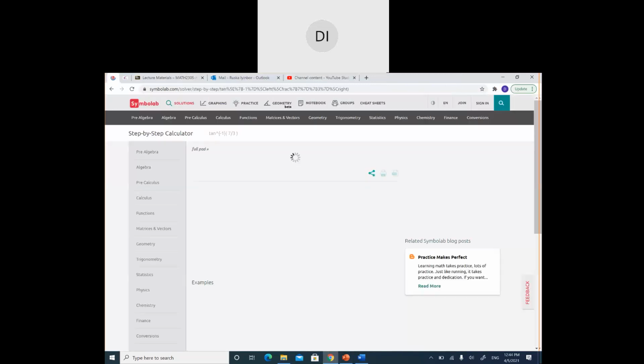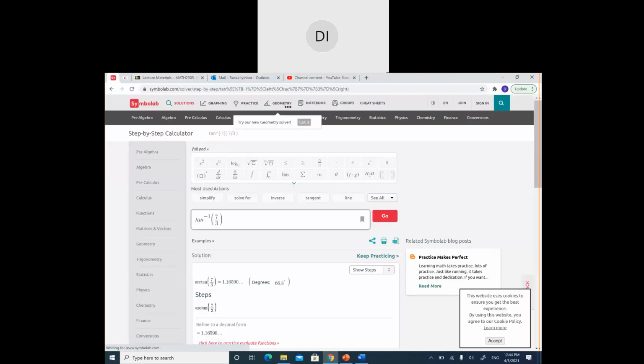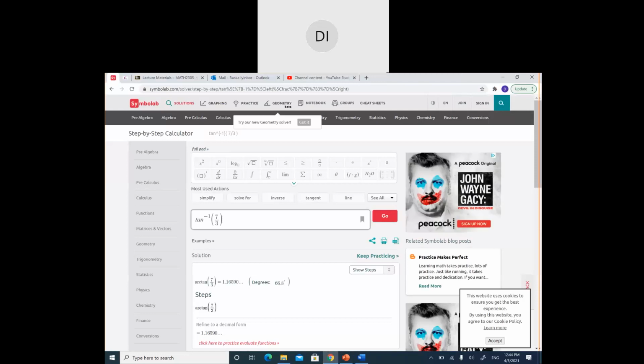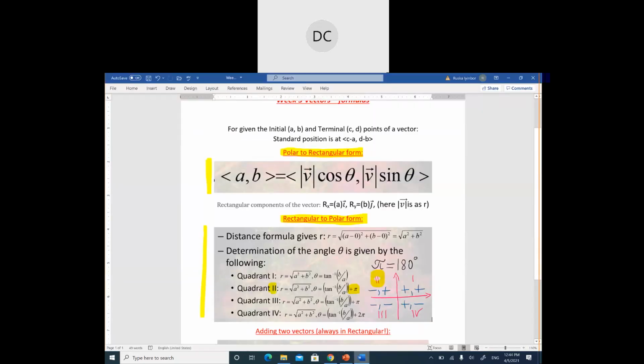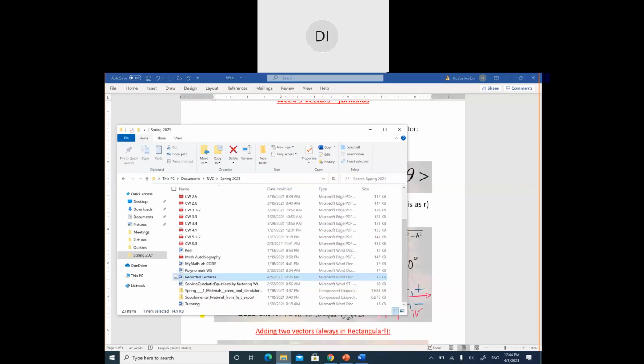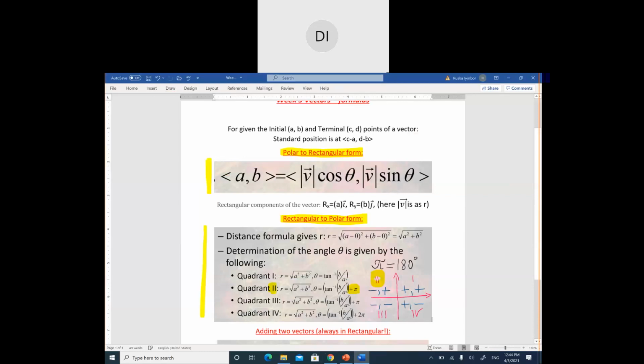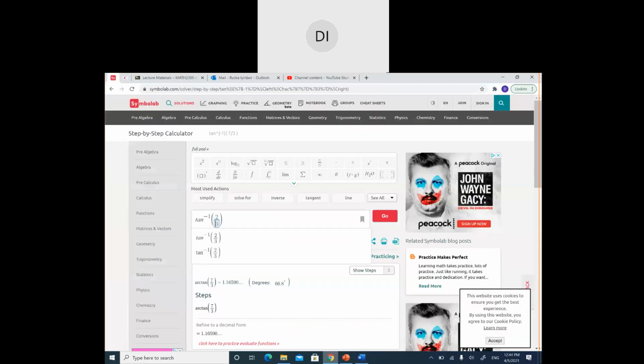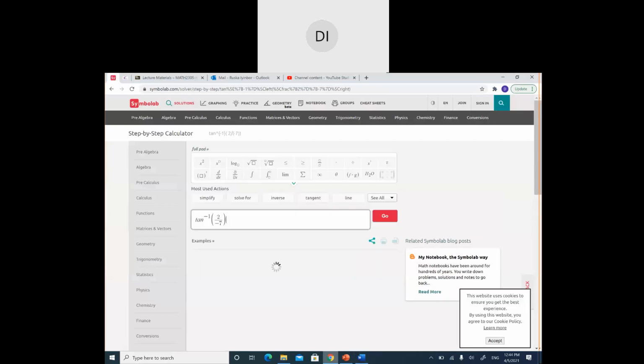So we're going to put tangent inverse of 2 over negative 7. It's going to calculate the tangent.